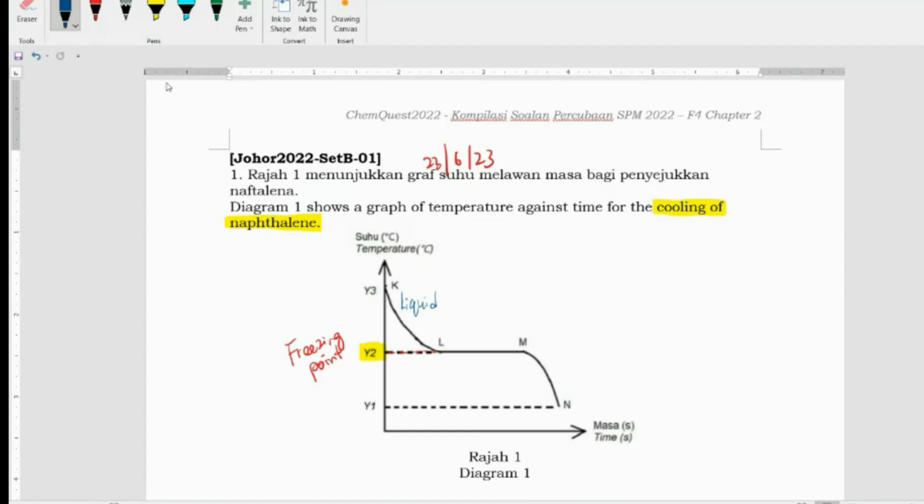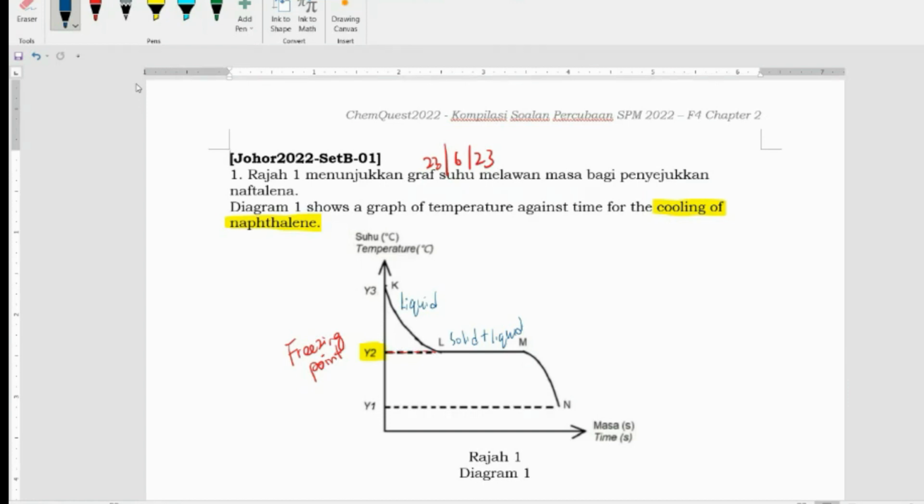Solid. It has solid? Yeah, correct. It has solid. But besides solid, what else? Dia ada lagi apa? Liquid. Yes. Here is a mixture of solid and liquid. Solid and liquid. Okay, Anand? So solid and liquid here.